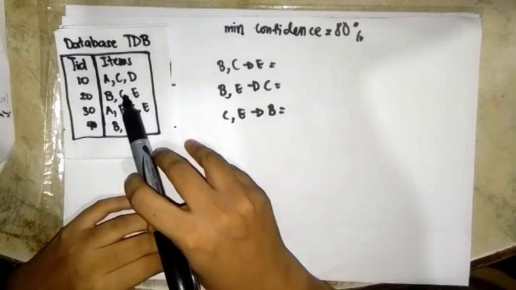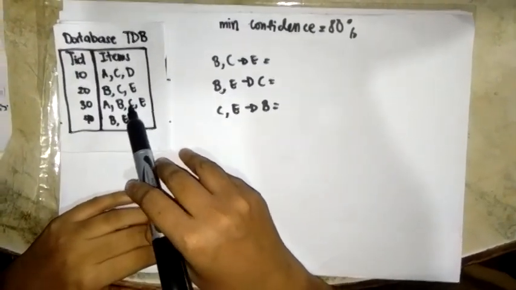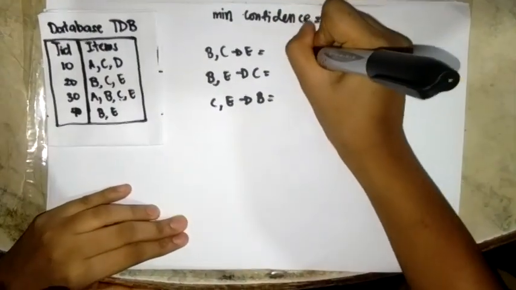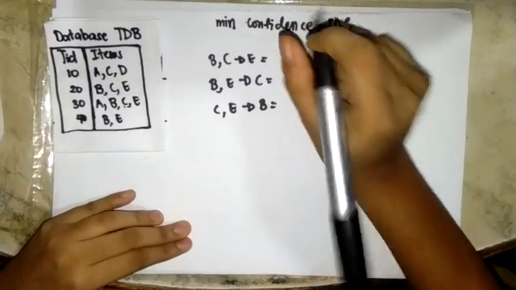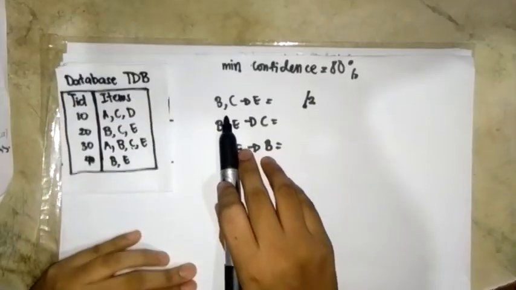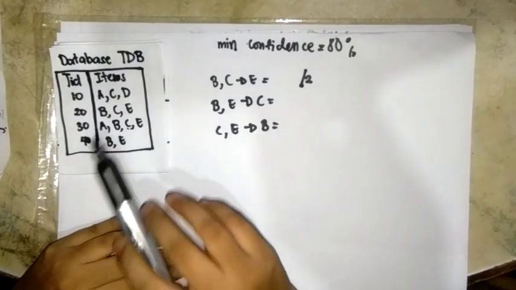We have 1 and 2. So let's put the answer on the right side. How many E in BC? So we have 1 and 2.